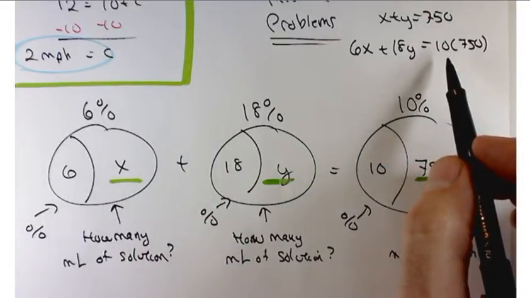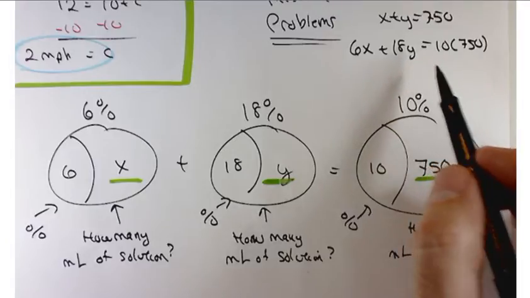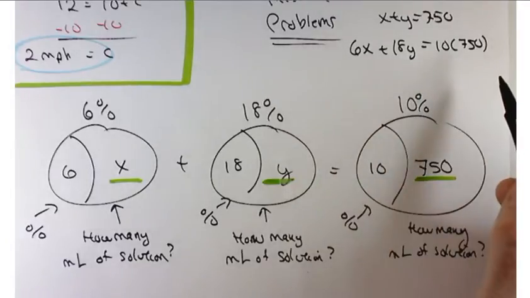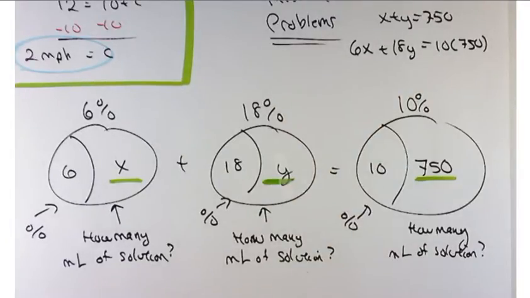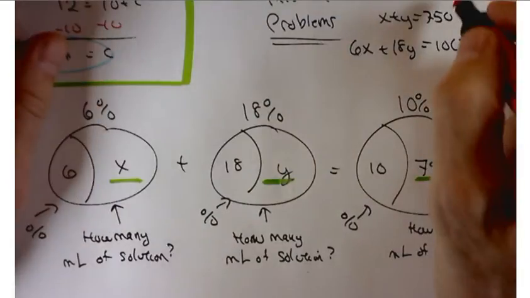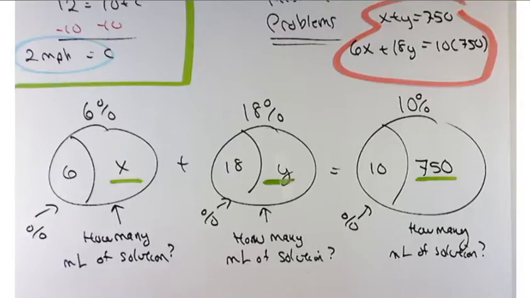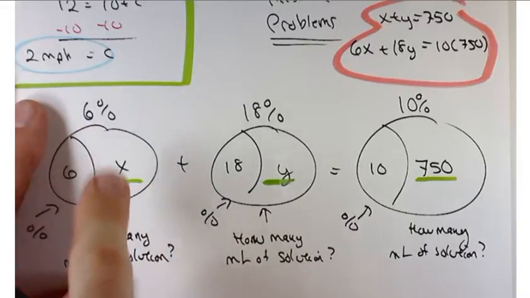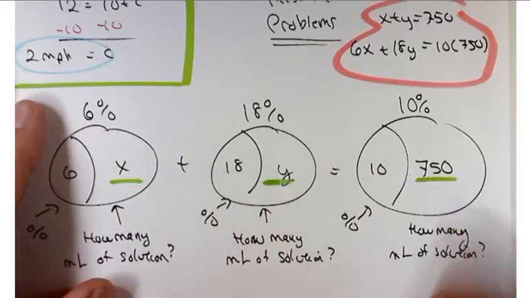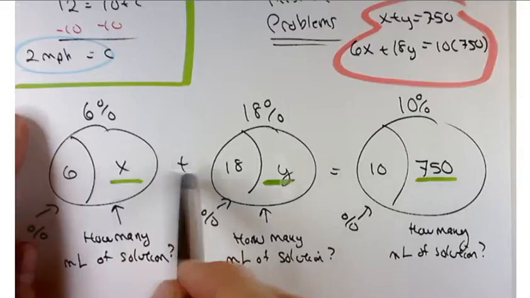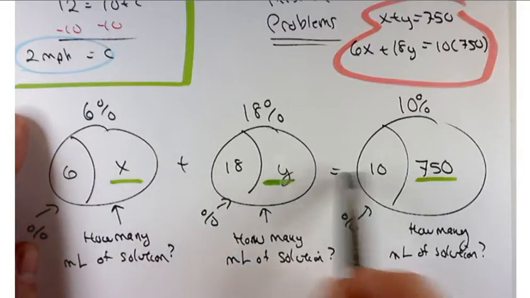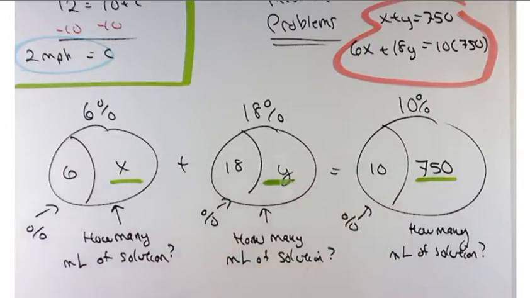So there's your two equations right here. Now you can solve those any way you'd like. The first one just comes from adding them up. This plus this equals this. The second one you get from this times this plus this times this equals this times this. And it works out pretty nice.